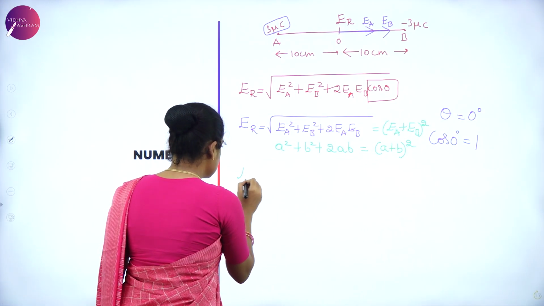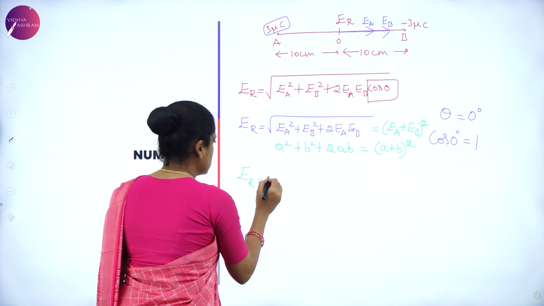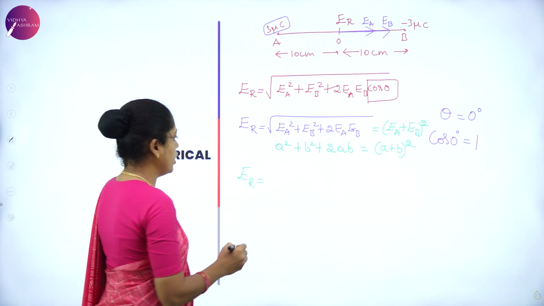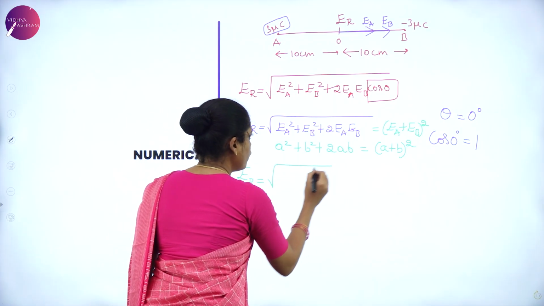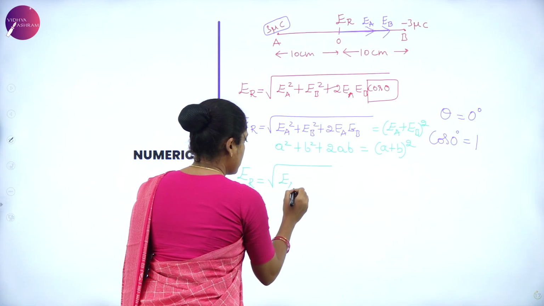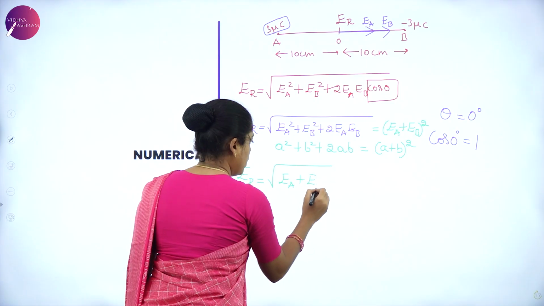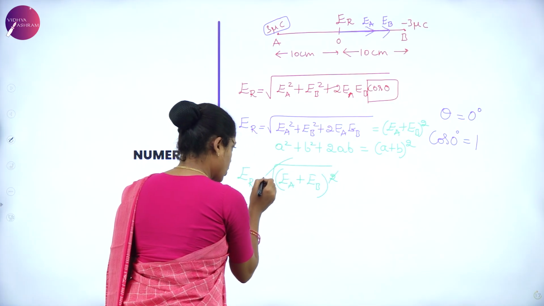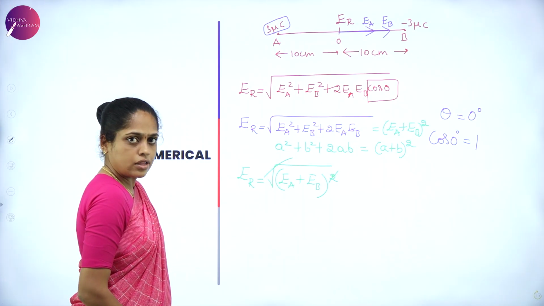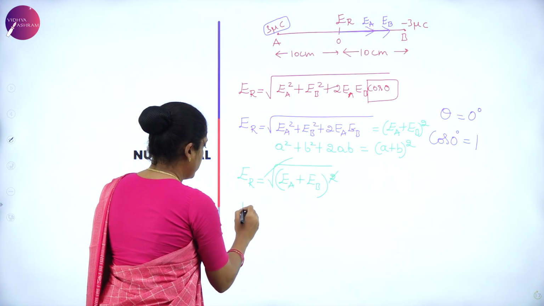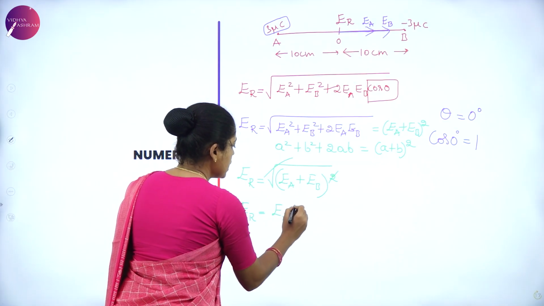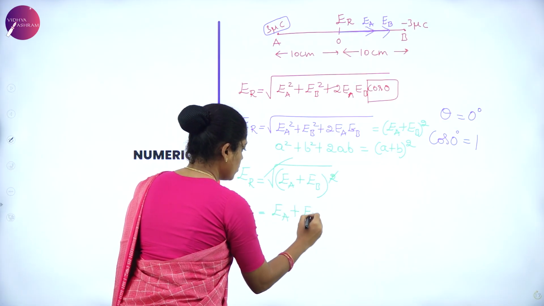So, the next step is the resultant electric field, which is equal to the root of (EA plus EB) whole square, where the square and the square root get cancelled, and the resultant electric field ER is equal to EA plus EB.